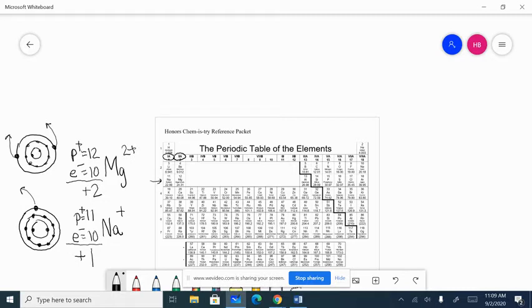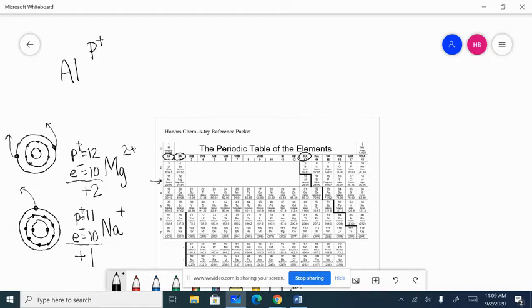Let's go over, because remember, this only works for the guys who have A next to their family number. The Roman numeral followed by A tells us the amount of electrons in the outside energy level, or the amount of valence electrons. Next is aluminum.